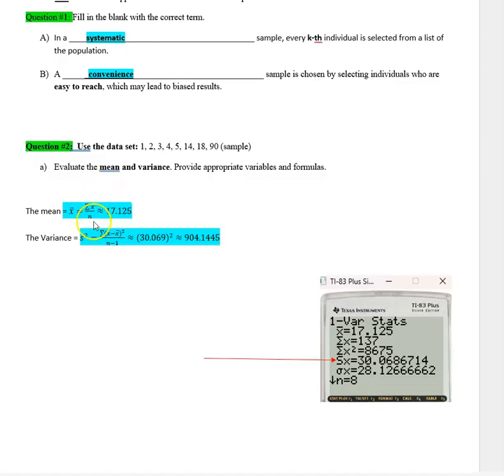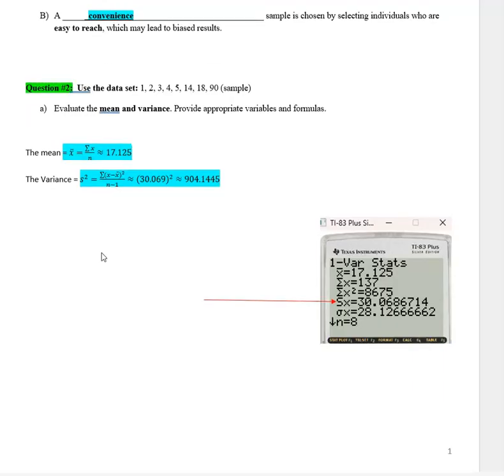That's your appropriate formula. Then the variance needed an extra calculation. So there's your variable, your formula. You needed to obtain the Sx from the one variable stats and then technically square it. And then that would be approximately 904. So make sure that for any future exam, for the mean, variance, and standard deviation, you provide it in this format.